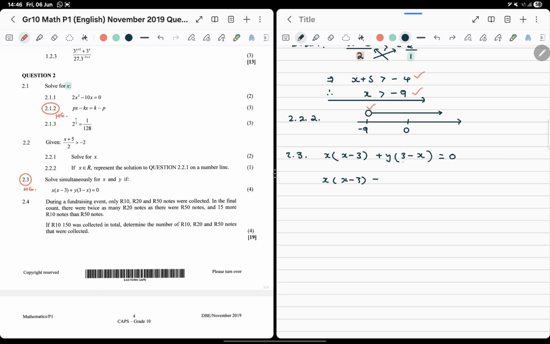In fact, instead of plus, I pull out a negative. I get minus y into (x minus 3) equal to 0. Then I've got the highest common factor here, which is (x minus 3) into (x minus y) equal to 0. And of course, the usual way, x is 3 or x is equal to y.